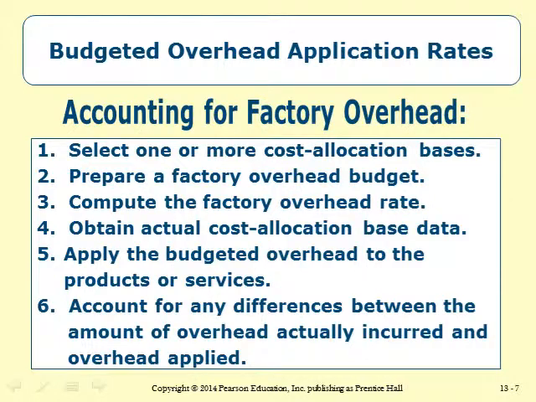And so the following steps summarize how to account for factory overhead. We need to select one or more cost allocation bases for applying overhead costs to products or services. We talked about this earlier, but in this chapter we will use the term apply instead of allocate when assigning overhead costs to a product or service. However, the concept is essentially the same: determining the amount of each cost pool to assign to each cost objective.